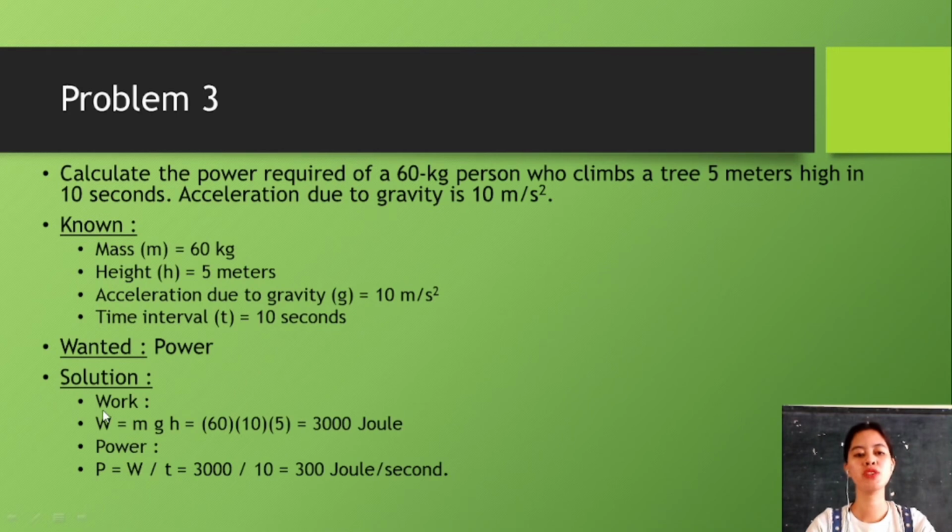Work is equal to mass times acceleration due to gravity times height. So, 60 kilogram times 10 meter per second squared times 5 is equal to 3,000 joule. Power is work over time, so 3,000 joule divided by 10 seconds. Our power is 300 joule per second.